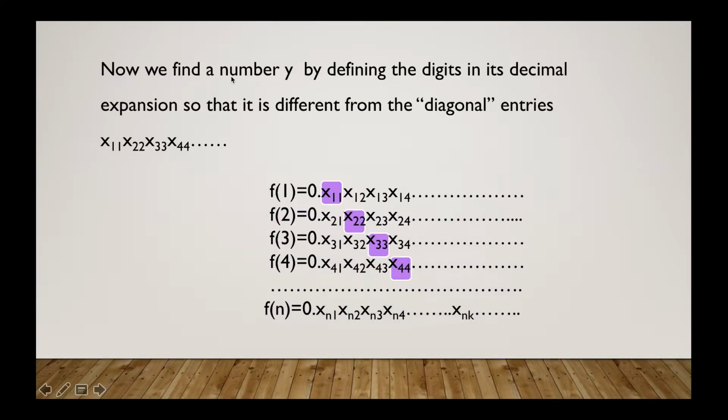Now we are going to find a number y which should be different from all of the range of f, which is f1, f2, f3, f4, and so on. By this observation, we find a number y by defining the digits in its decimal expansion.